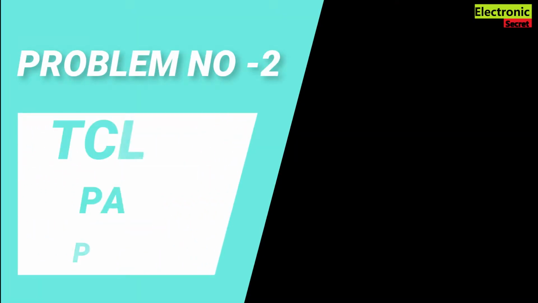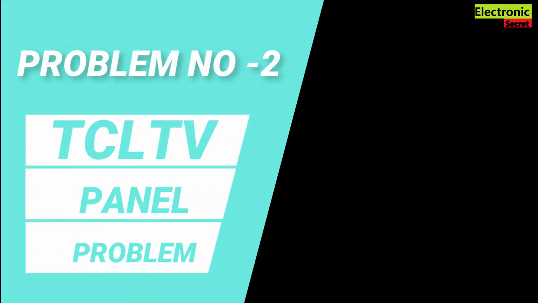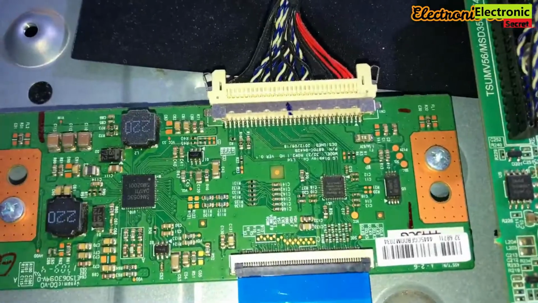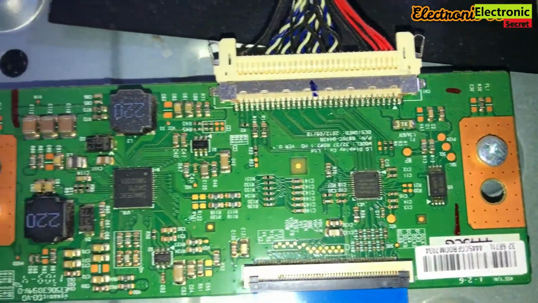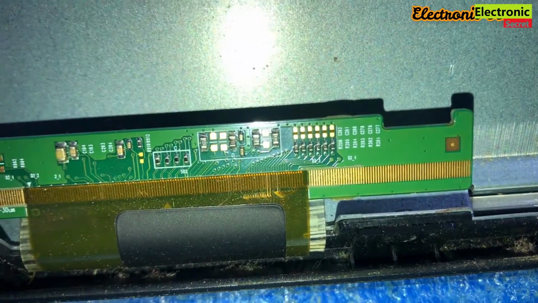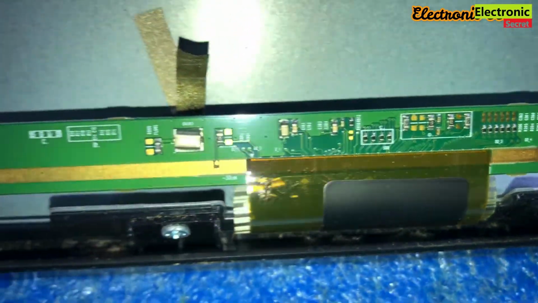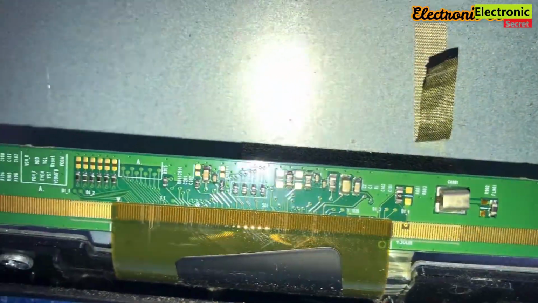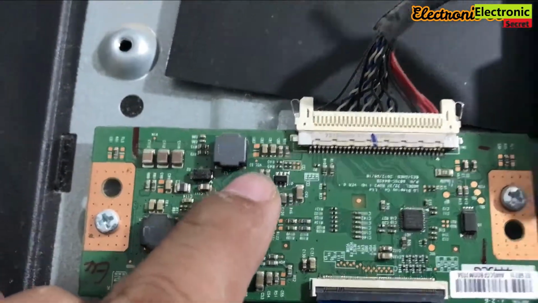Now problem number 2 is, viewers, the TCL TV panel or screen problem. Some TVs have a T-con like this, and some have a scalar PCB. The DC to DC voltages are on the scalar PCB. So always, if your inverter area is okay, then go to this part.